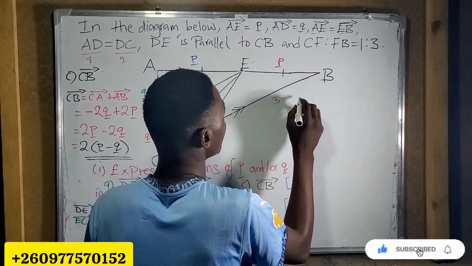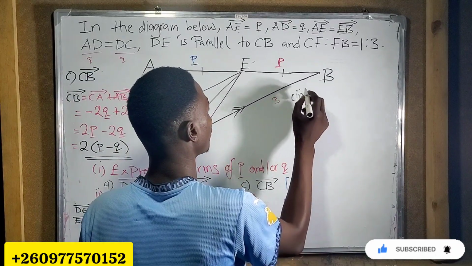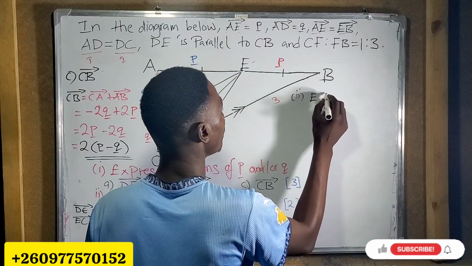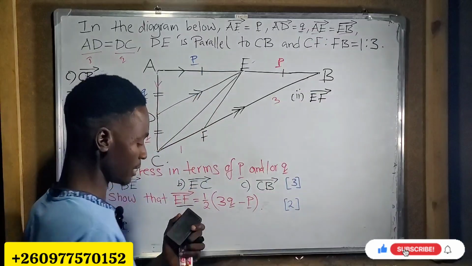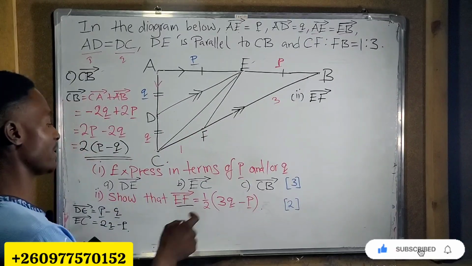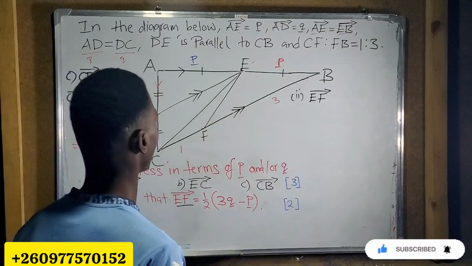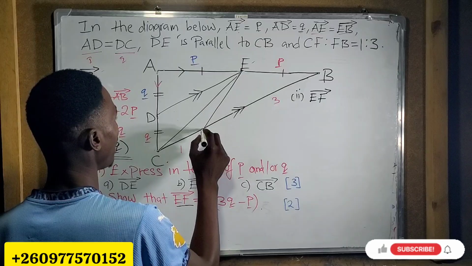This is question Roman numeral 2. So EF. We need to find this. Now, how are we going to do it? In the meantime, let's forget about this and concentrate here. EF. E is here and F is here.